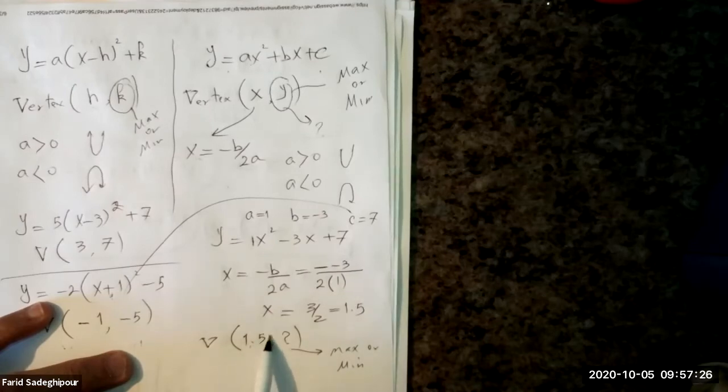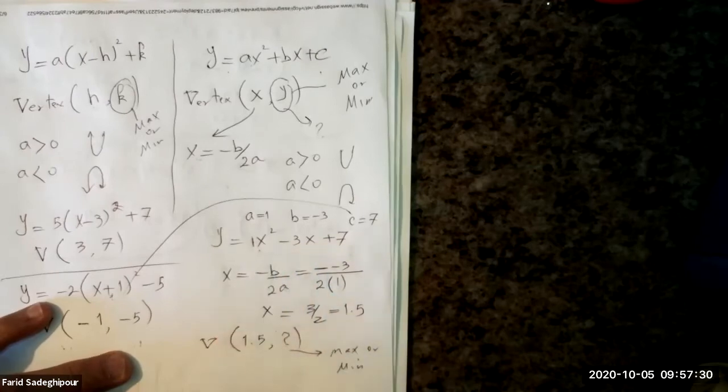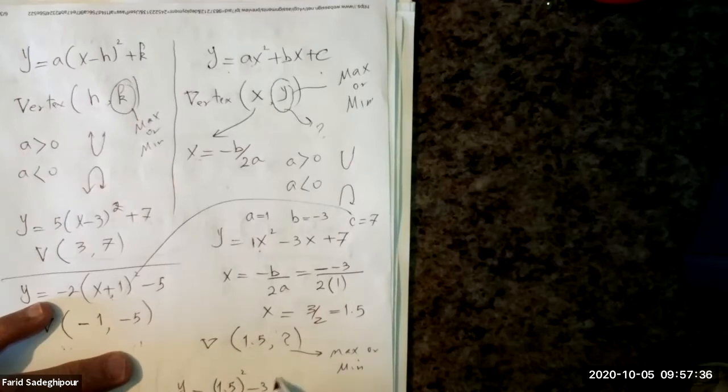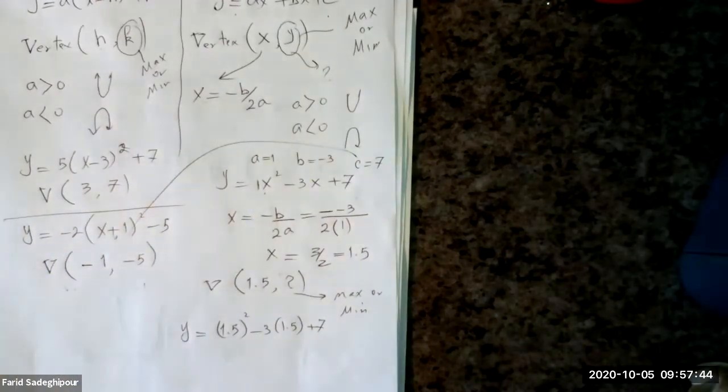You take this number and plug it into the equation for the x. So y is 1.5 to the power of 2 minus 3 times 1.5 plus 7. That gives you the y value.